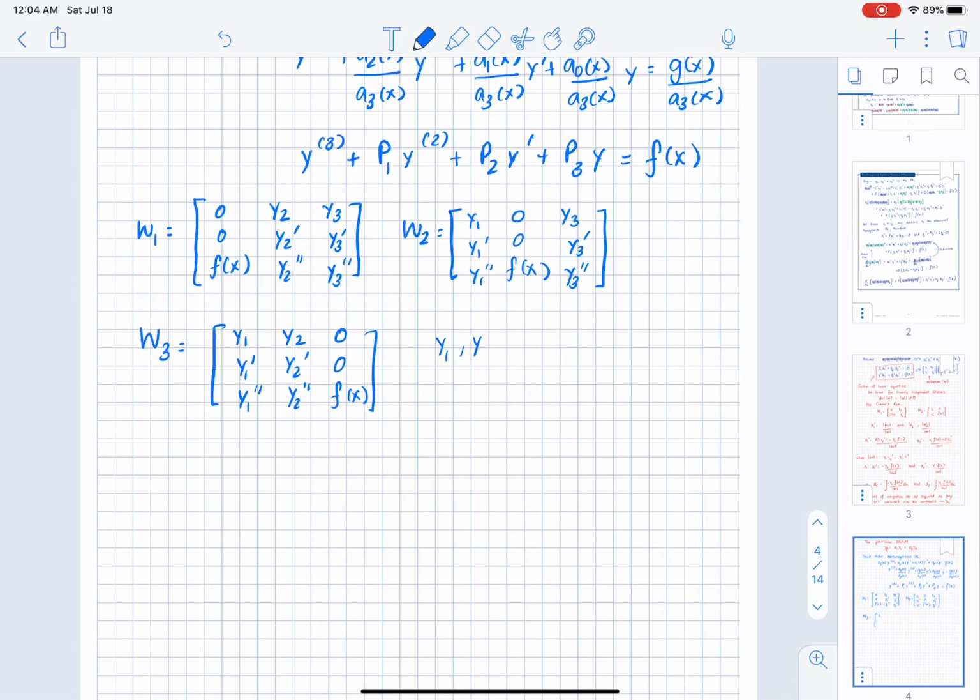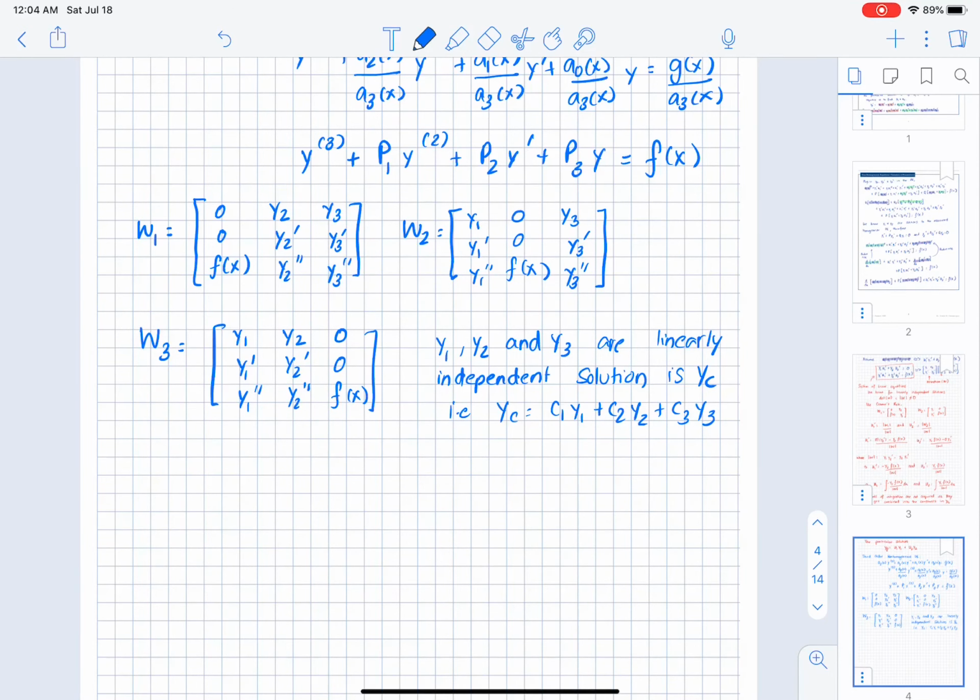y1, y2 and y3 are linearly independent solutions in the complementary solution, i.e. yc is c1 y1 plus c2 y2 plus c3 y3.